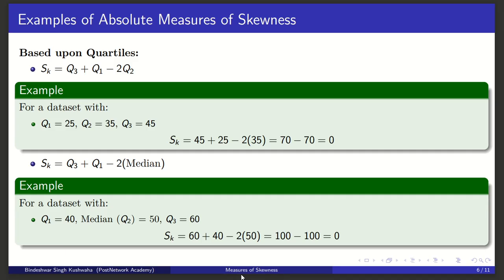The second one is also the same, but if instead of 60 you take 58, there would be skewness because distances are not the same. So quartile based measures just use distances. If the distances from Q2 to Q1 and Q2 to Q3 are the same, there would not be skewness. Otherwise there would be skewness.